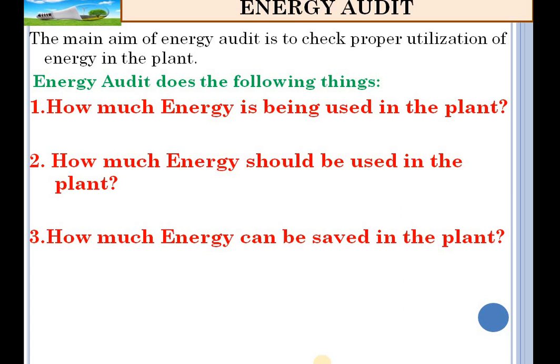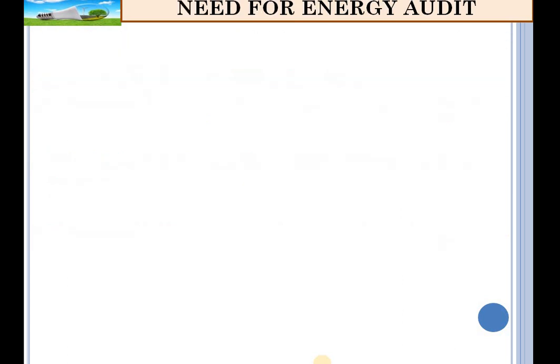And by studying these two things, we identify in the third step how much energy we can save during the process, or whether there is any scope for saving electricity. So this is nothing but energy usage analysis. So this is nothing but energy audit.